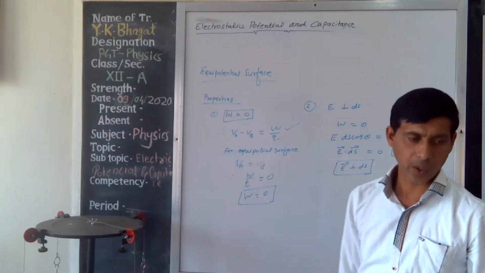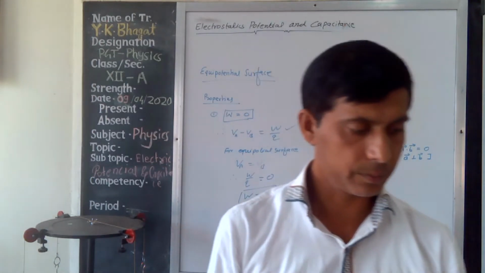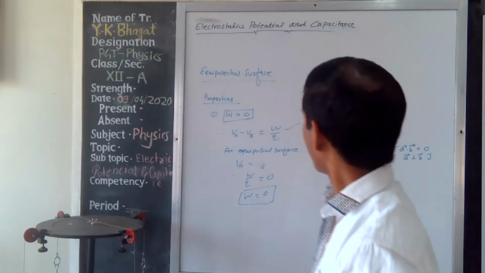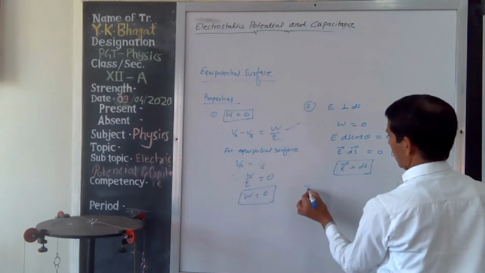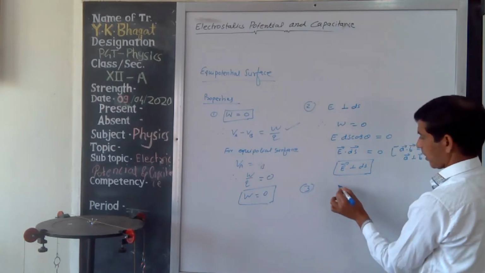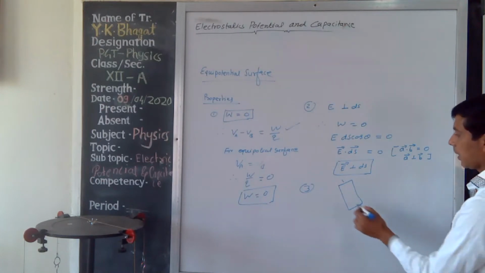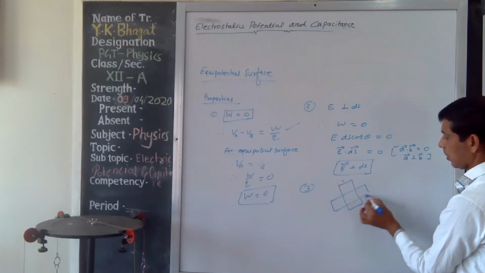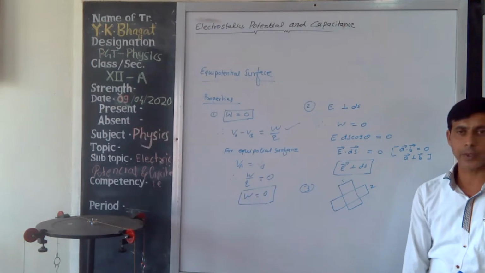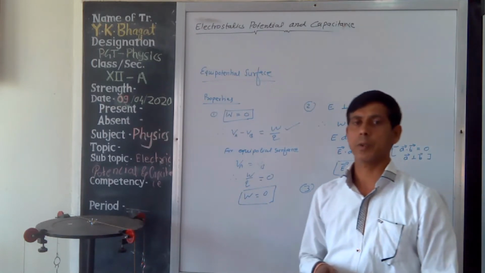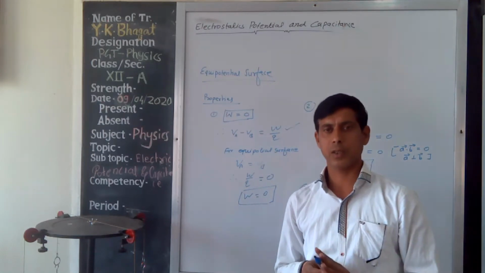Okay. Now the third property is about two equipotential surfaces. Suppose we have one equipotential surface and another one is a second equipotential surface. Two equipotential surfaces never intersect each other.